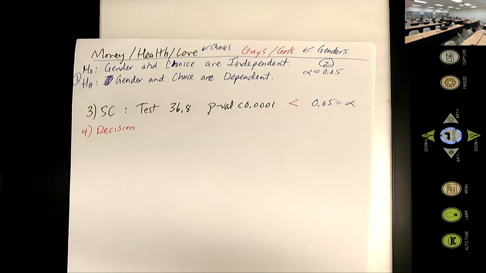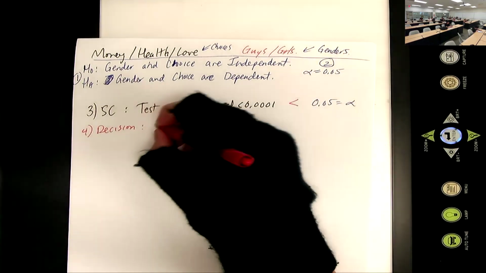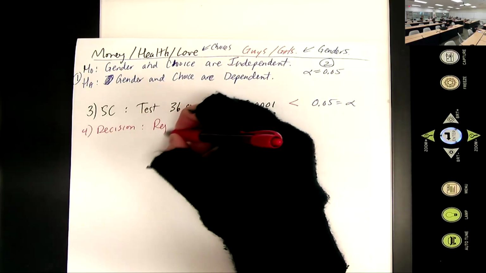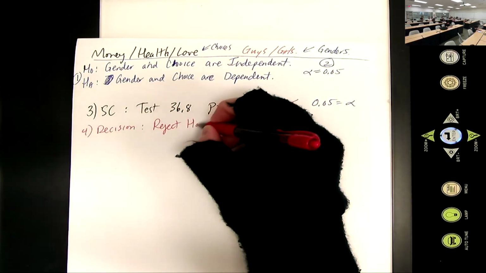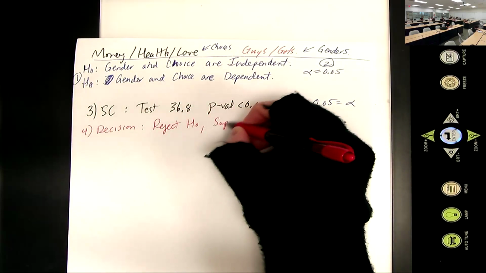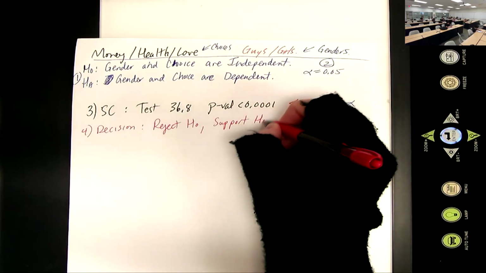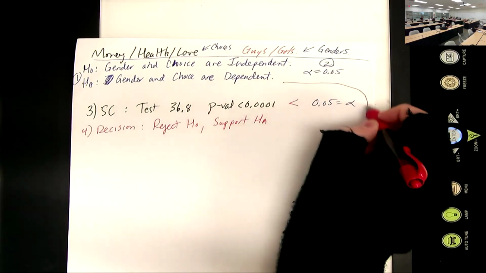Reject what? Reject the H naught, yes. If p-value's too low, we reject the H naught, which means we support HA. And HA was they are dependent.